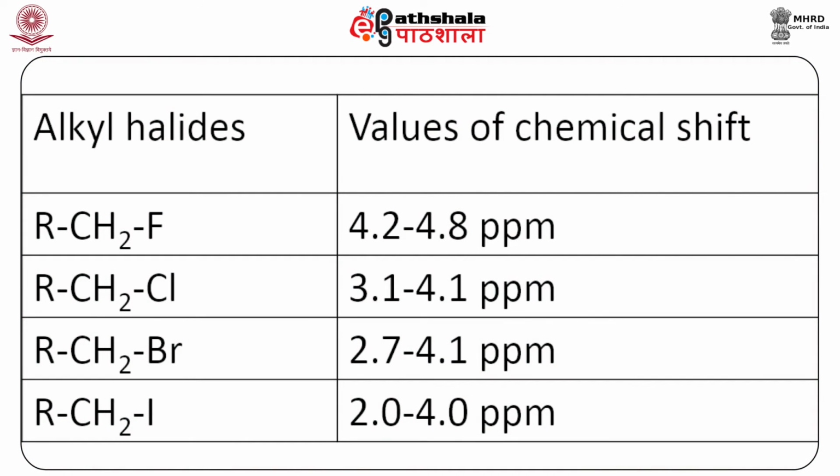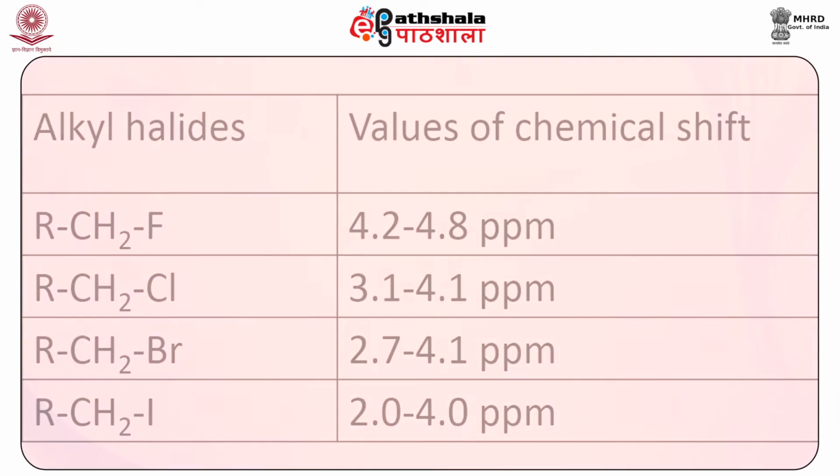The chemical shift values in RCH2F, RCH2Cl, RCH2Br, RCH2I, that means alkyl fluorides, chlorides, bromides and iodides, are in the range of 4.2 to 4.8 ppm, 3.1 to 4.1 ppm, 2.7 to 4.1 ppm and 2 to 4 ppm respectively.